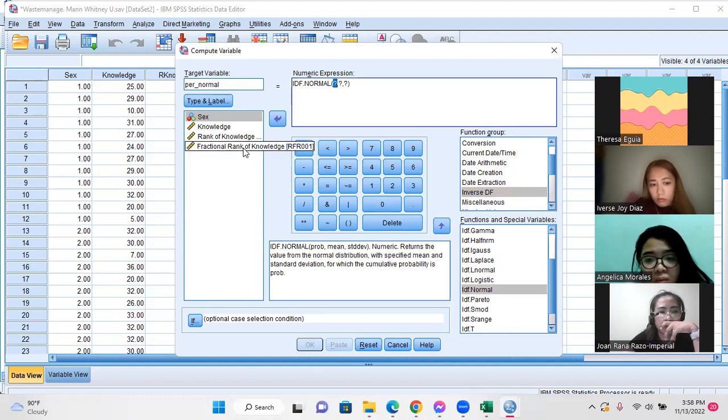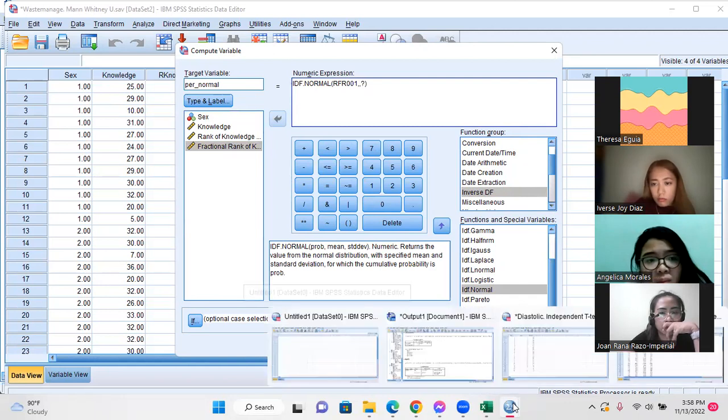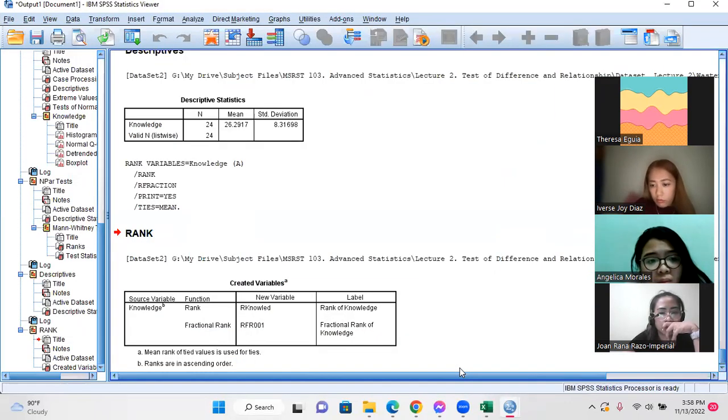Itong gagamitin mo, itong fractional rank knowledge. Tapos, kukunin mo ang kanyang mean, 26.29.